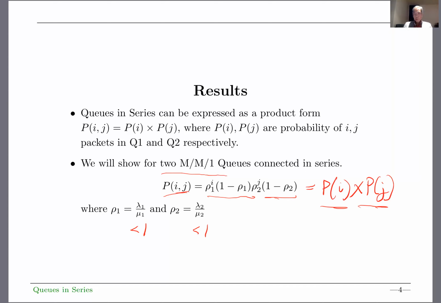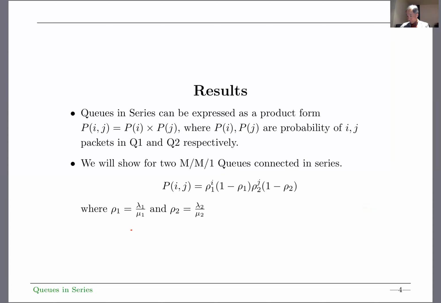With those conditions, the joint probability P(i,j) is in product form, as they are independent from each other, and you can use the M/M/1 queue result to get the joint probability. I'll give you an example of how it works.